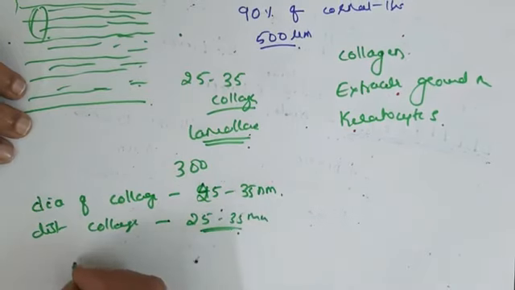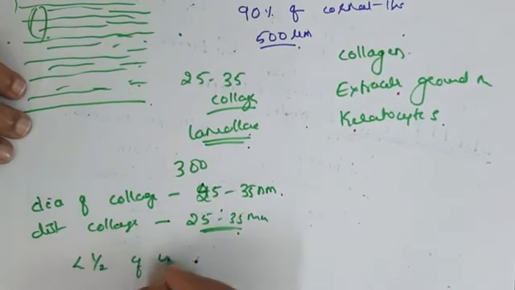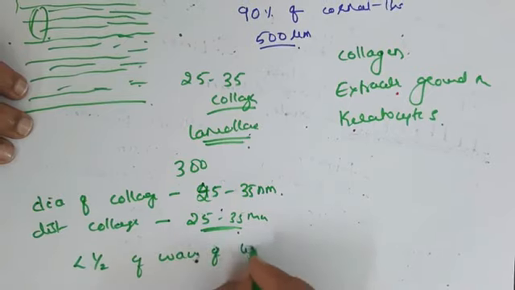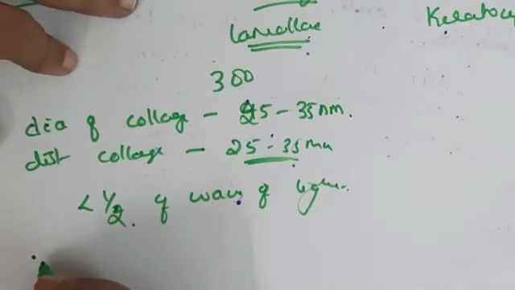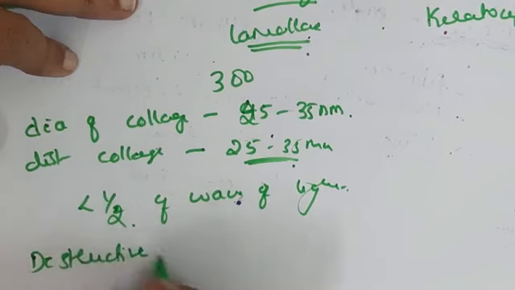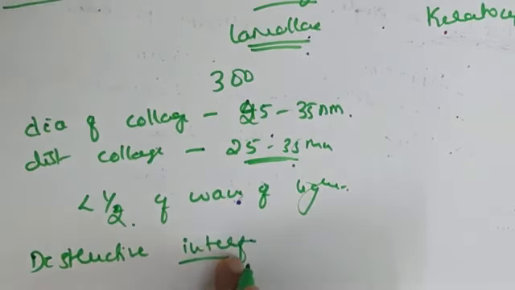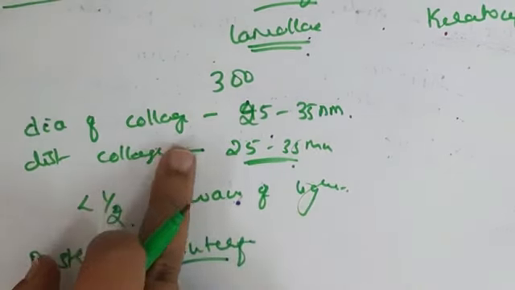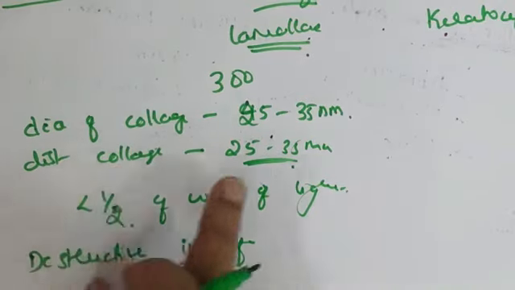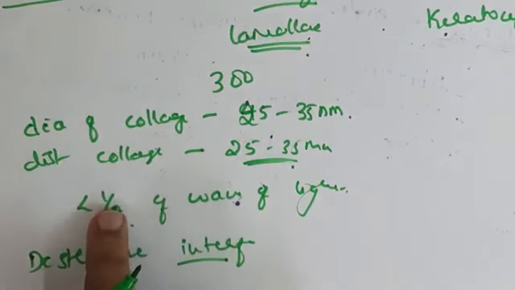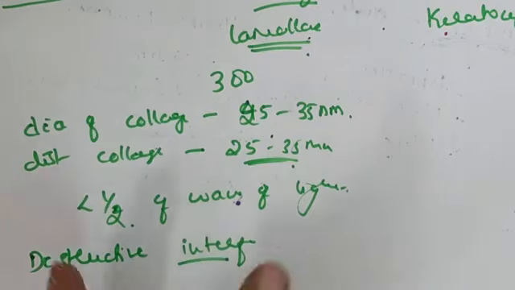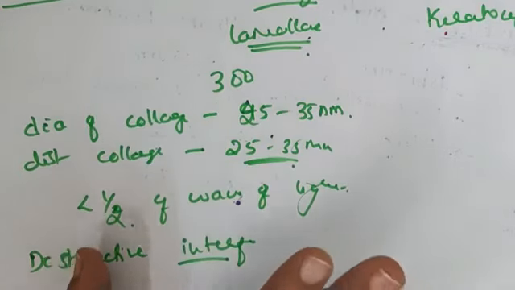And this is around half of the wavelength of visible light. So there is no scattering of the light because of destructive interference. This is one of the properties of light which you study in optics and refraction. So because the diameter of the collagen fibers and the distance between the collagen fibers are less than half of the wavelength of visible light, there is destructive interference, leading to the transparency of the cornea. Clear?